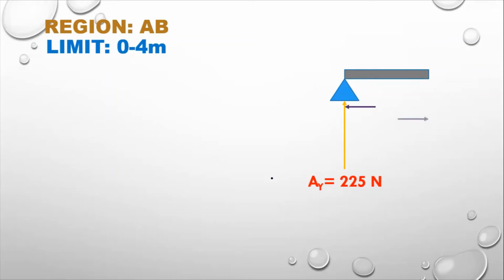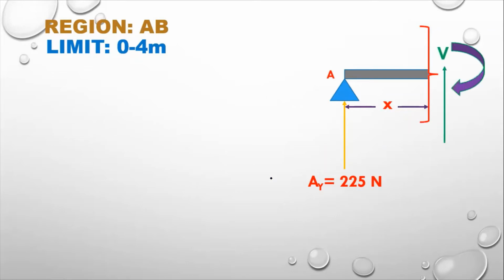Then we assume this length X because we don't know the actual position of the section. This point is A, and this is the section, with the vertical shear force V and the moment M. So this is the way to calculate it.